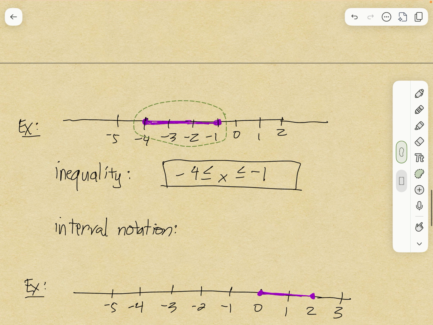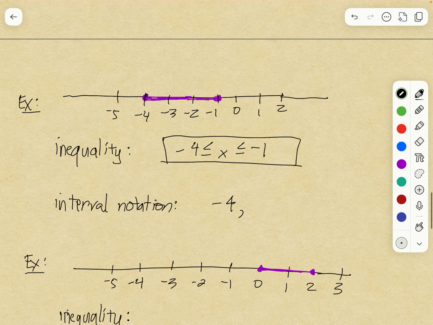That's the farthest number to the left in the interval. So you write -4, now comma, and then the rightmost number. Now what's the rightmost number in your interval? -1. Okay, so you have this and this.